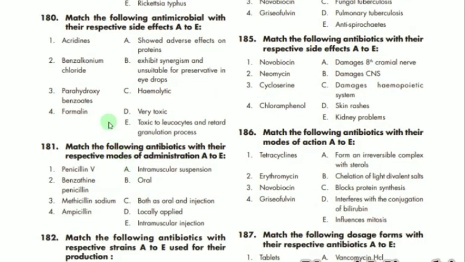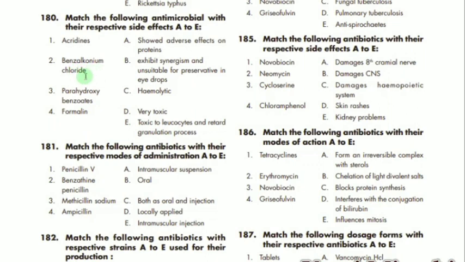the 180 MCQ, which says match the following antimicrobials with their respective side effects A to E. For example, we have acridines. For acridines, the correct option is E, toxic to leukocytes and retards the granulation process. Then we have benzalkonium chloride.